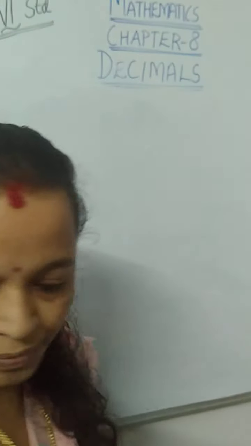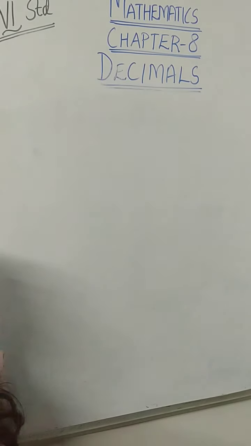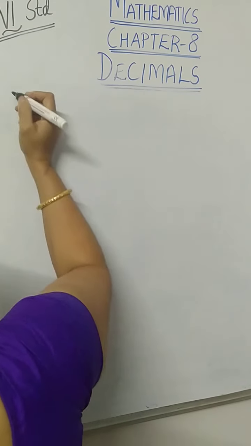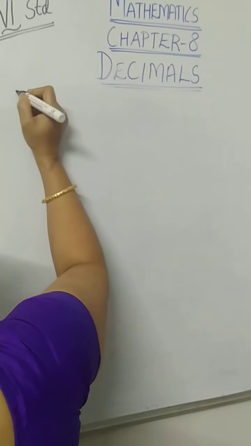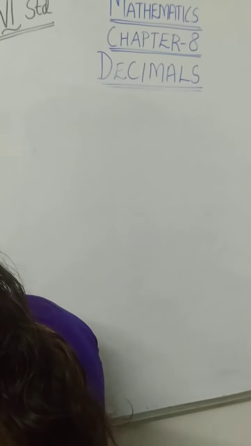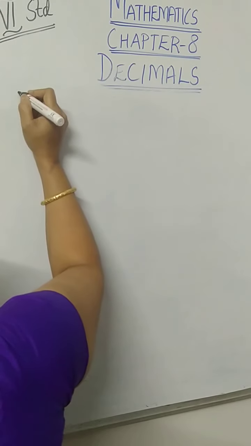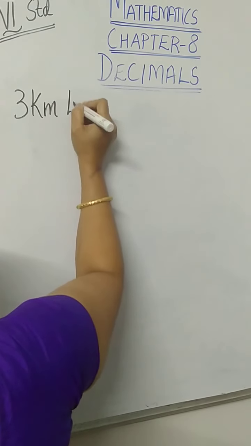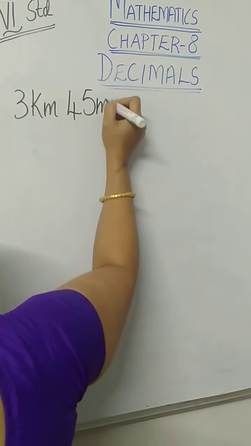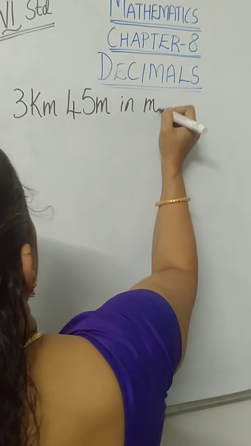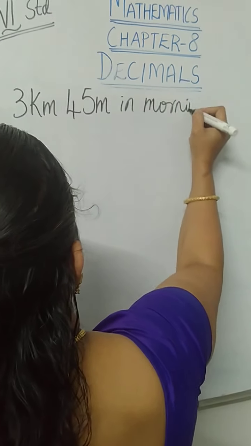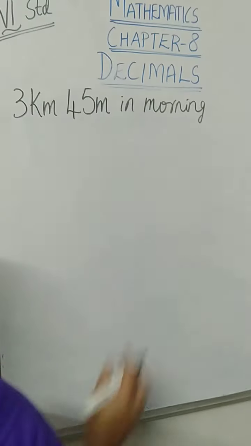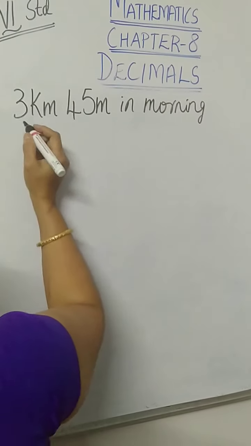Next example, we can take it as a person walked for 3 kilometer 45 meter in the morning. Yes, he walked for 3 kilometer and 45 meter in the morning.